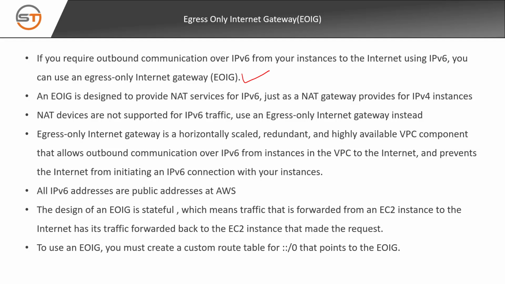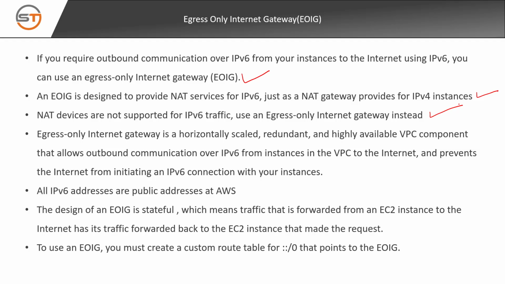An egress only internet gateway is designed to provide NAT service for IPv6, just as a NAT gateway provides for IPv4 instances. NAT devices are not supported for IPv6 traffic. Use an egress only internet gateway instead.